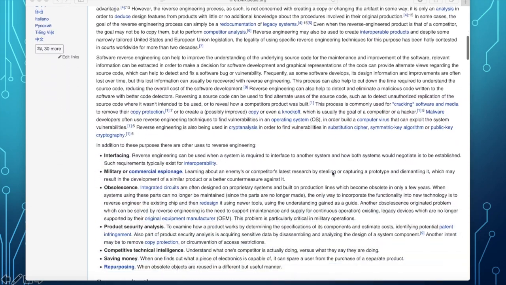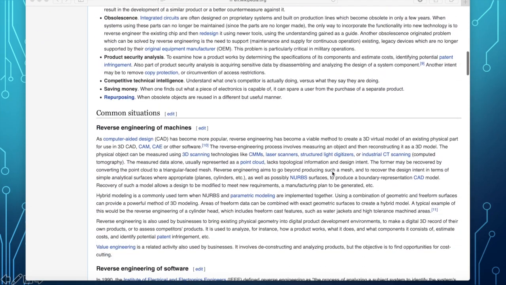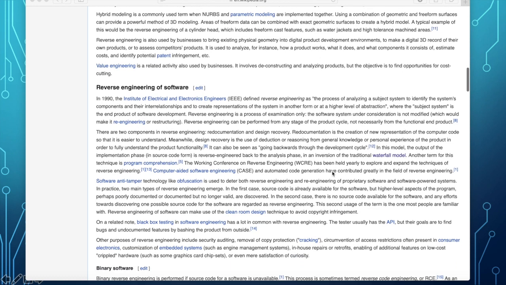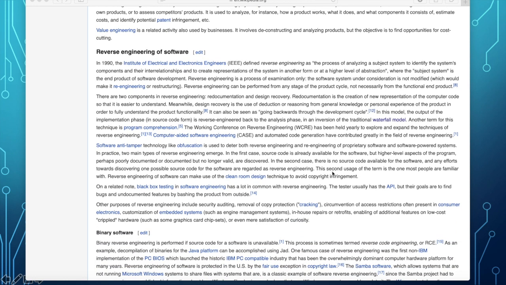And our interest in reverse engineering is reverse engineering of software. The IEEE defines it as the process of analyzing a subject system to identify the system components.